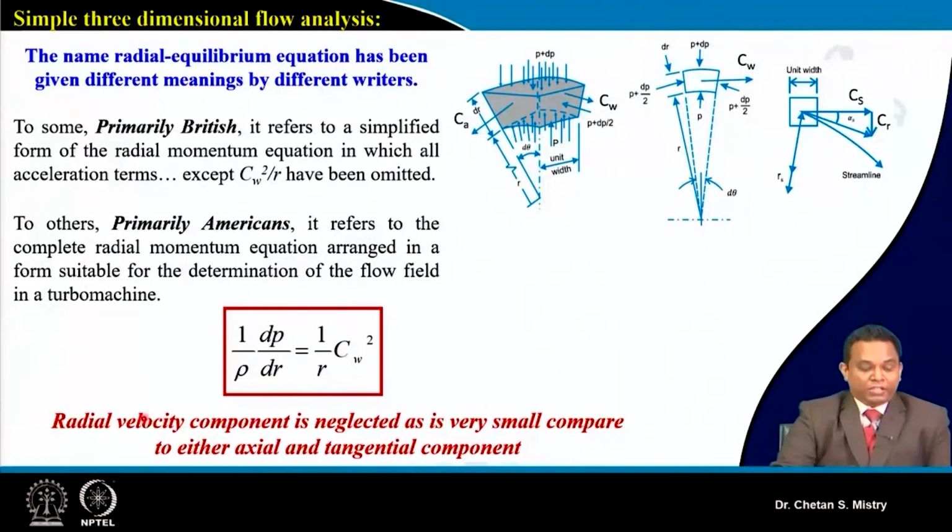The thing is, the radial velocity component we are considering has very small magnitude compared with the axial velocity and tangential velocity. That is the reason why in our simplified radial equilibrium equation we do not have any term correlating to my dr.